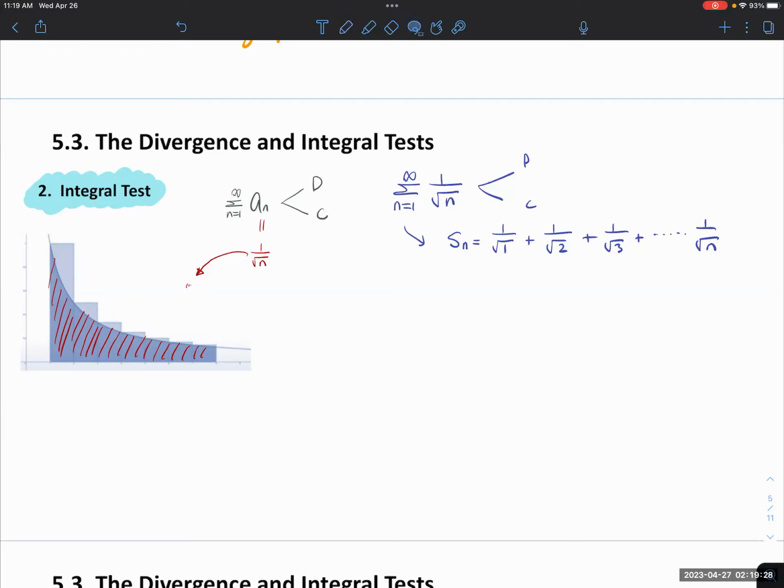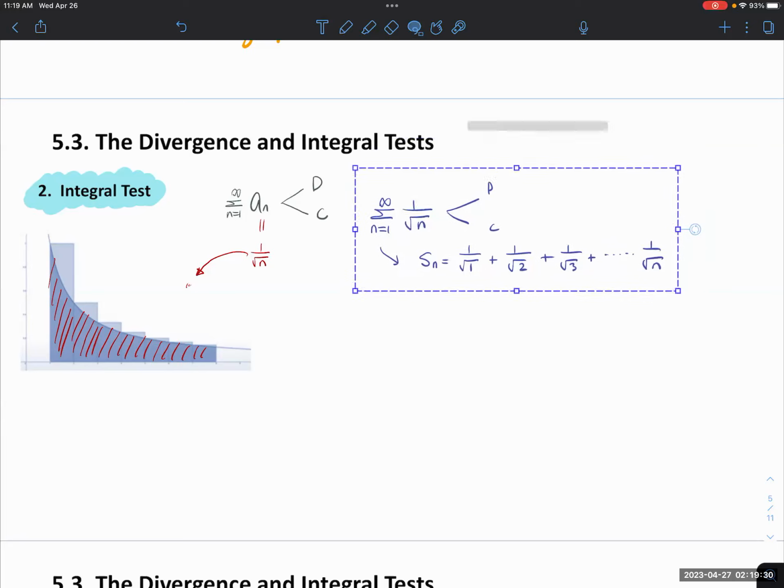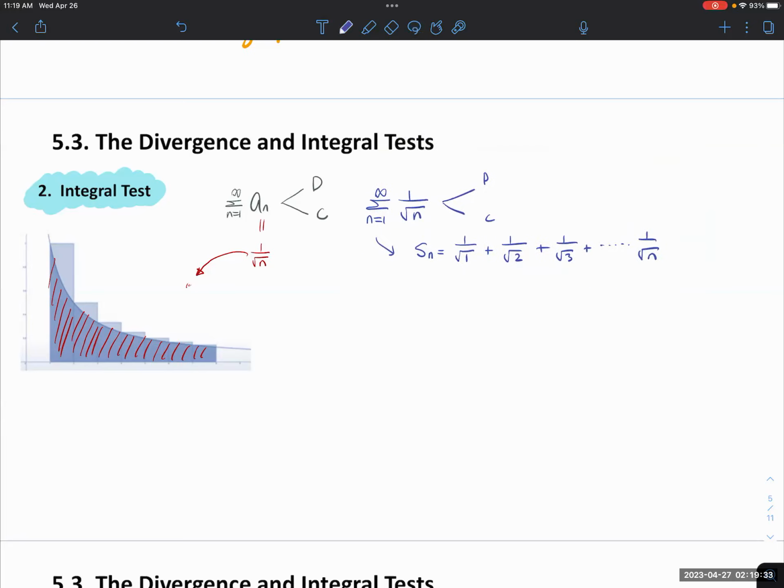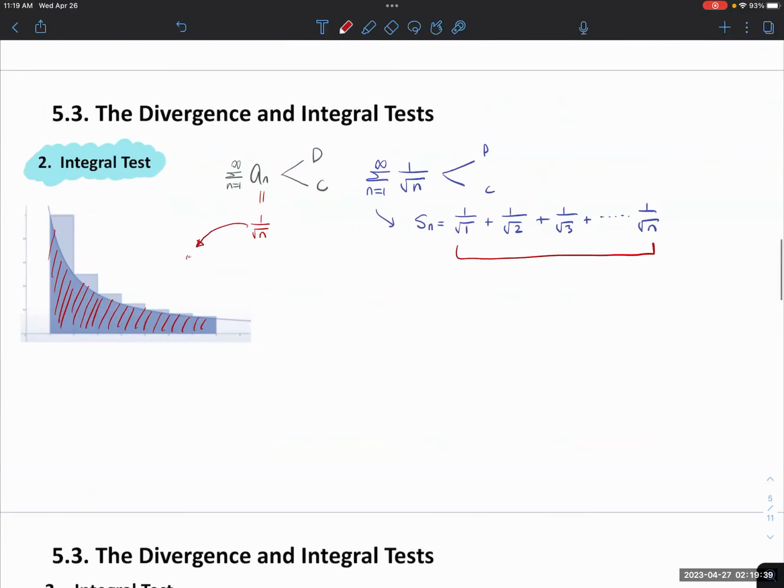But wait. When you look at this summation, they keep adding. So you can use the integral from 1 to infinity, because that's exactly where the sum keeps going to infinity, of a_n, 1 over radical n.